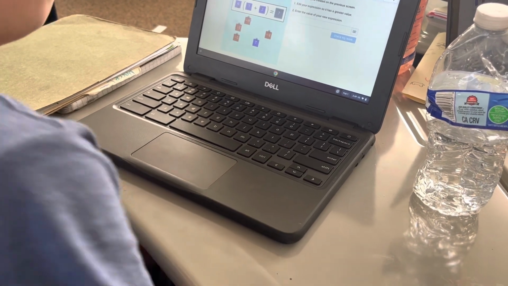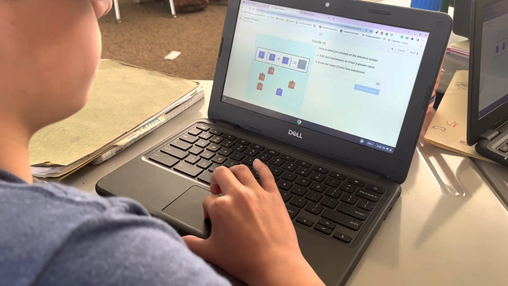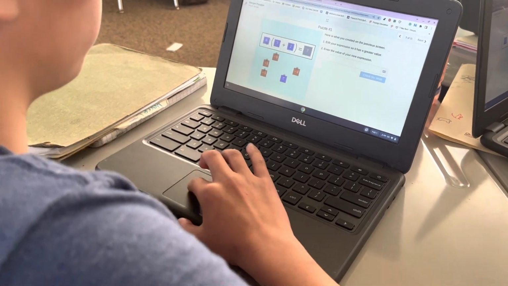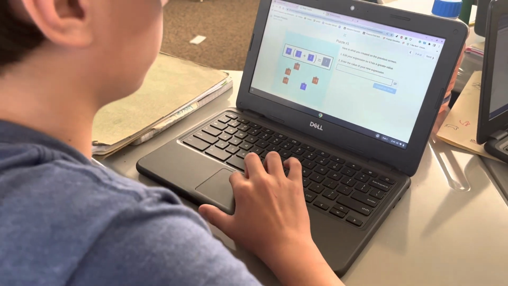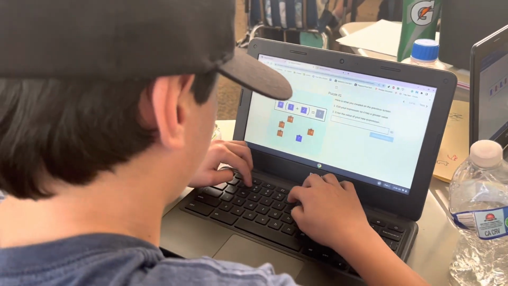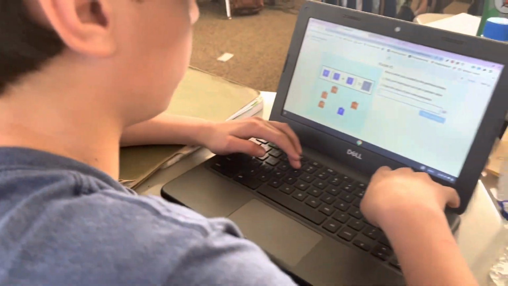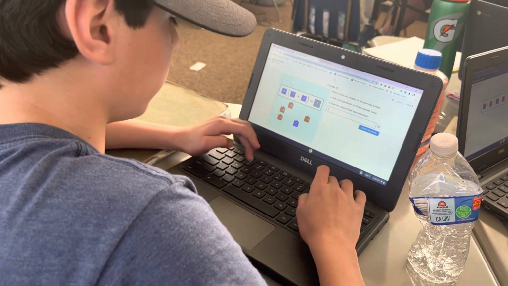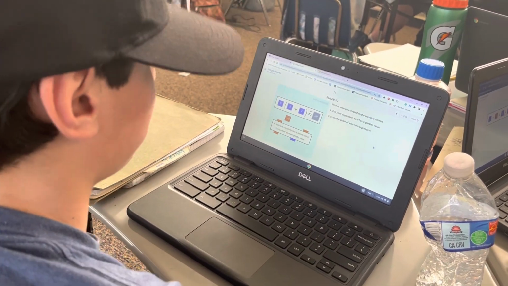Excellent. Why don't you see if that's a true value? Over here, we type it right in here. Good job. Oh, no, you just have the value, which would be 30. You got it. Awesome.